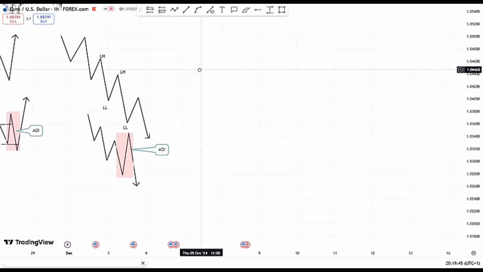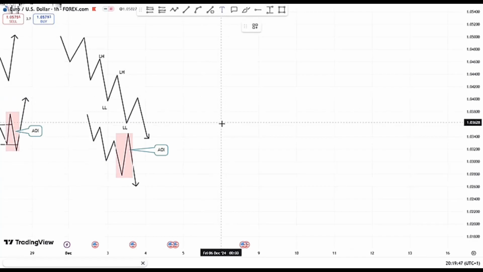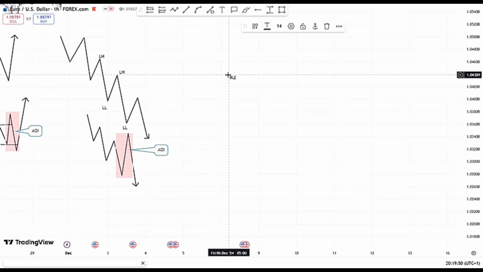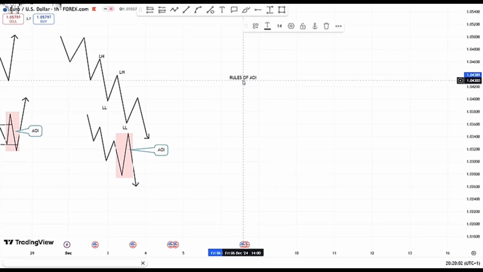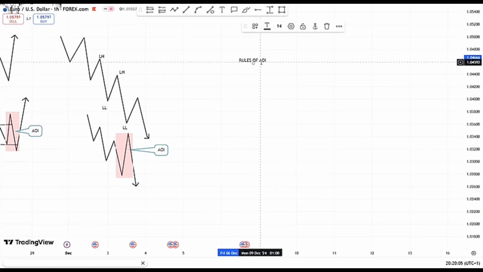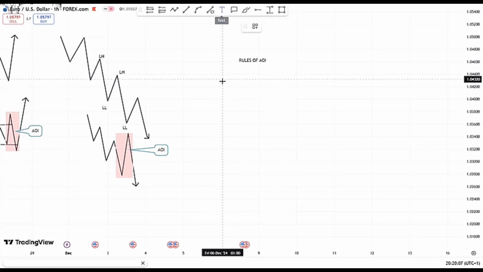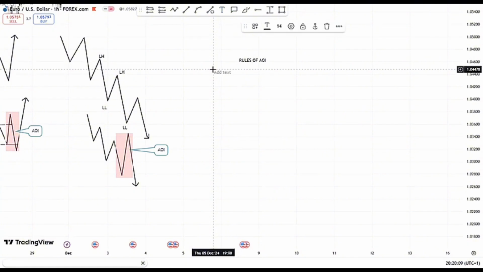So I'm going to be discussing further about the rules of AOI. Now we have about 3 rules of AOI, but for the public, I'll just discuss about 1 rule that I feel is very, very important.